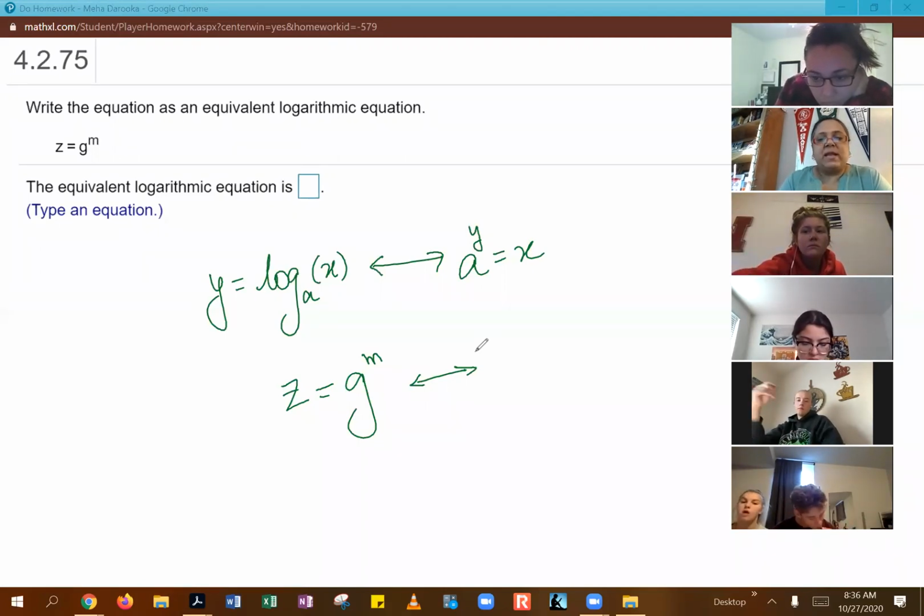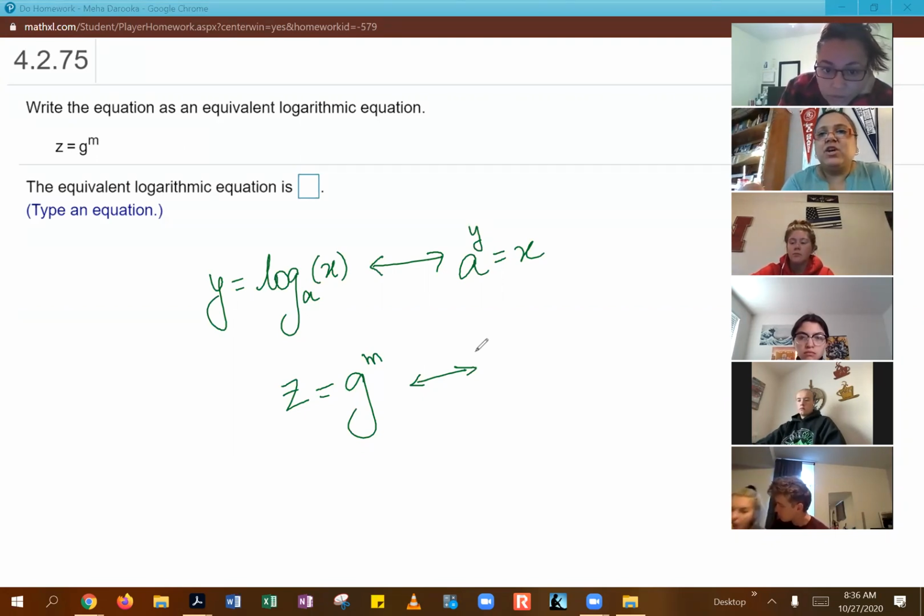I know it's kind of hard to put the notation in just simple text here, but Dalton, are you saying g is raised to the power of z, or are you saying g is your base? G is the base. Okay, very good. Raylan, that's kind of what yours looks like also. G is the base and log of z equals m. Chloe, log of z with base g equals m.